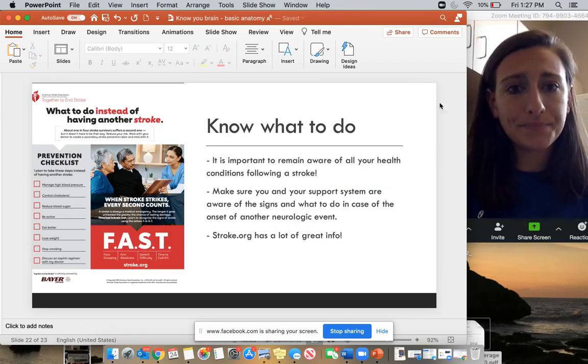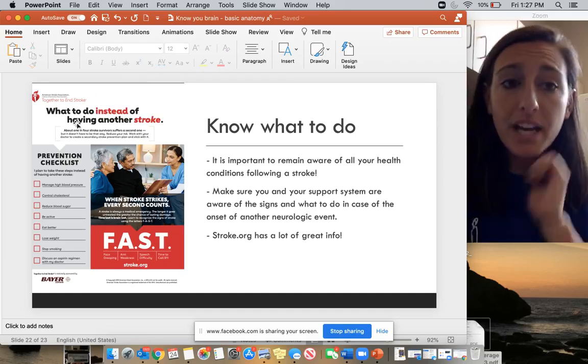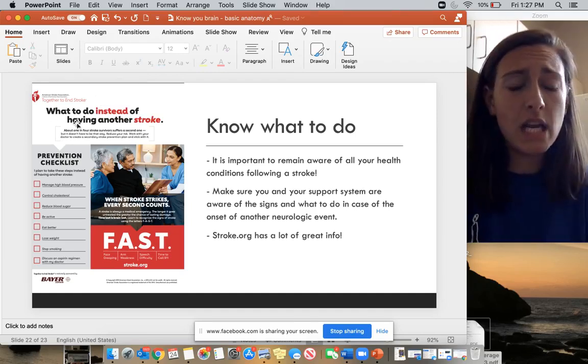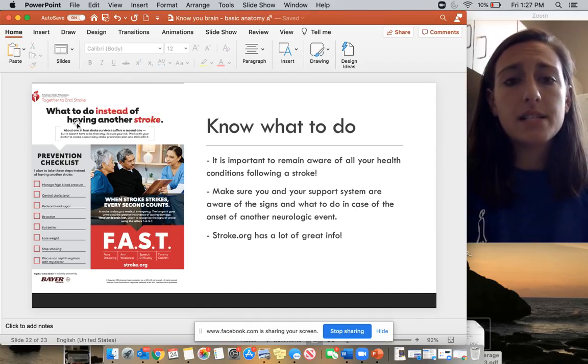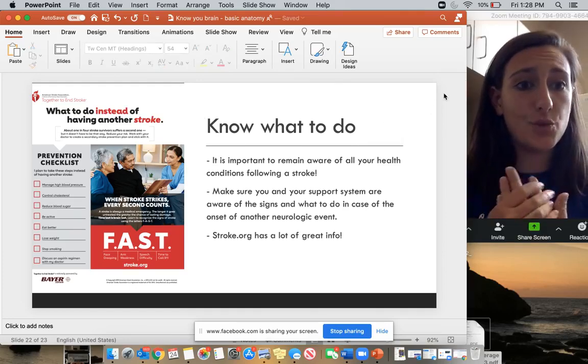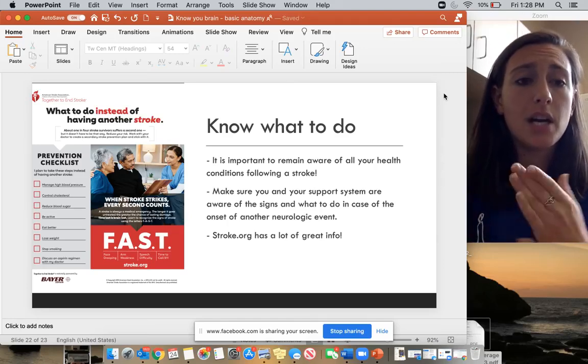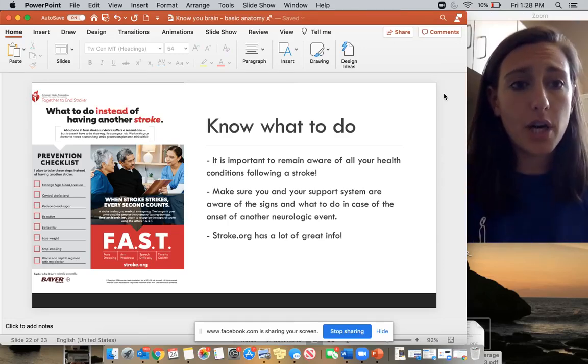So the last thing that we're going to talk about here, and this is a handout from the American Stroke Association, is knowing what to do if things change with your neurologic status. Like I said, having a stroke increases your risk for another one.